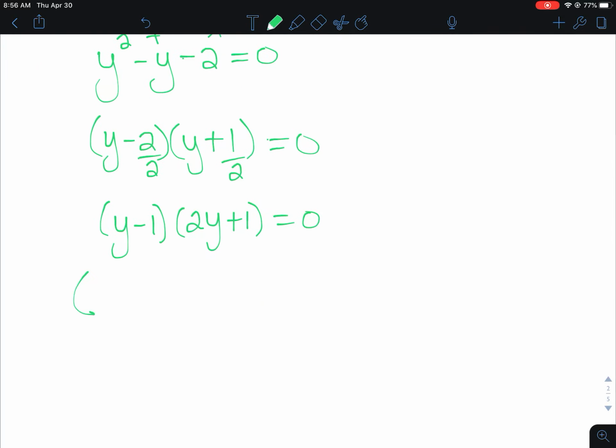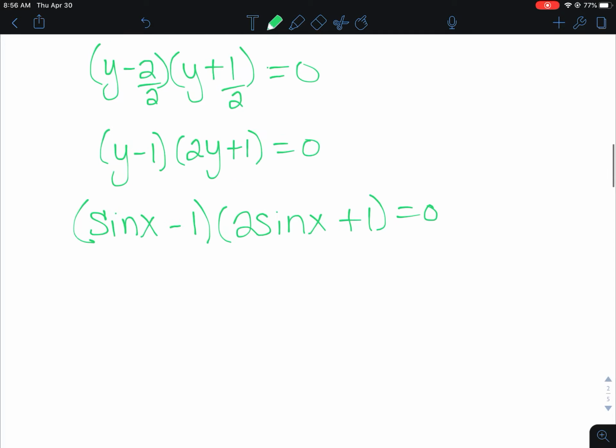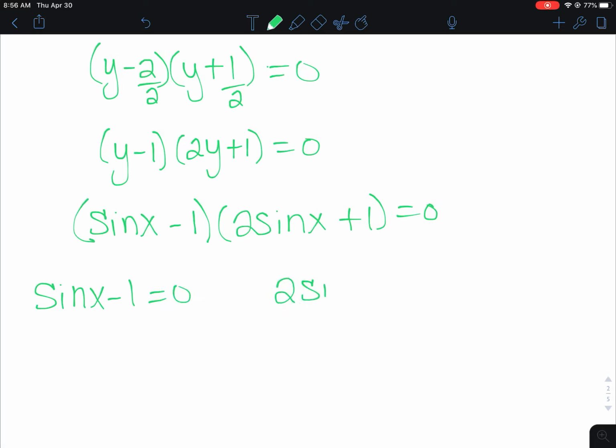Now because I made y equal to sine x, my real factors are sine x minus 1 and 2 sine x plus 1. And then you guessed it, just like we did before, take each factor, set them equal to 0, and solve individually for x. So this is sine x equals 1. This would be sine x equals negative 1/2.